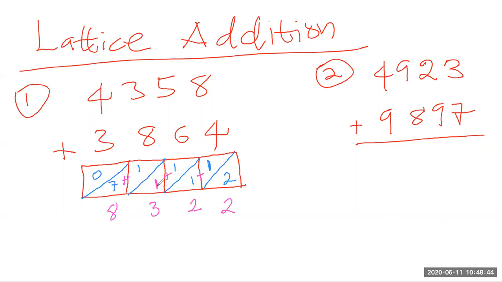So that should change this to 2. Okay, so you have to be mindful how you add the numbers. So really this should be 2 as well. And that is how you use the lattice algorithm to do your additions.